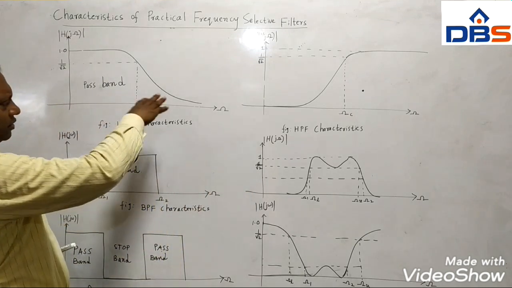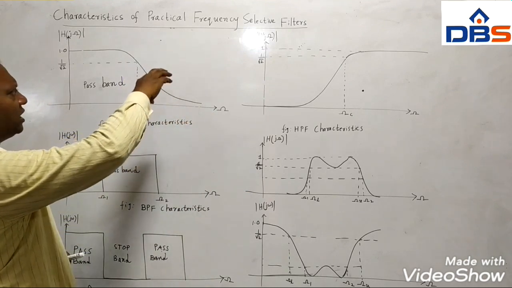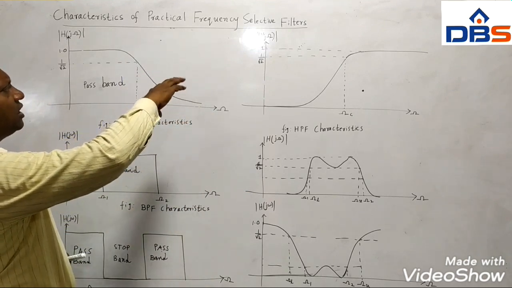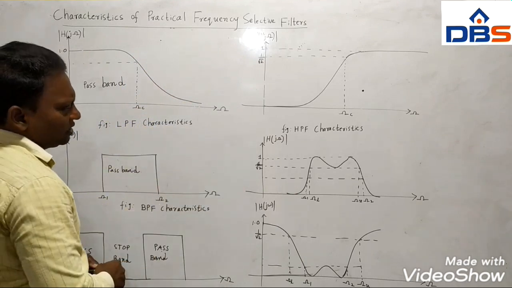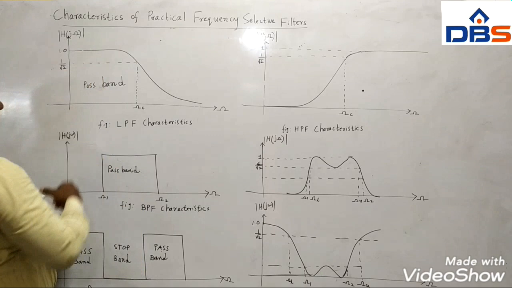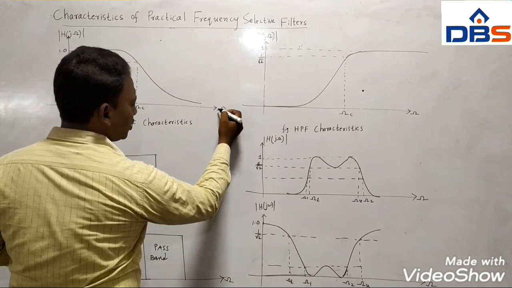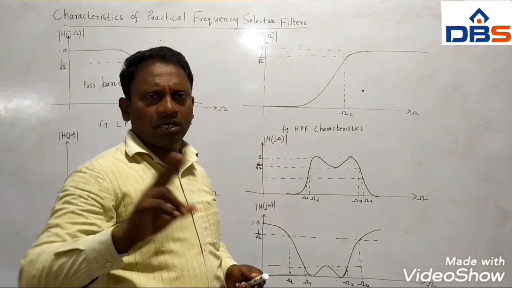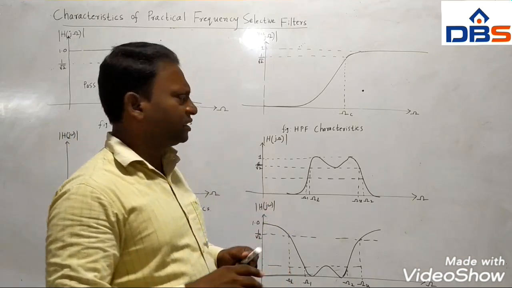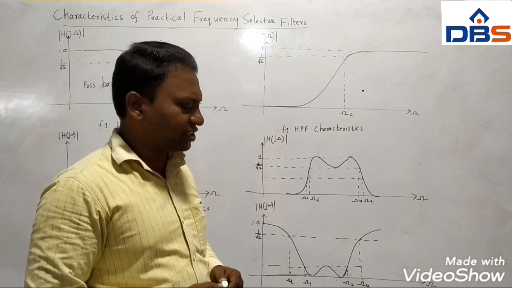Now we will see the practical and ideal characteristics of the different filters, which we are going to see in the coming classes. This omega is used to represent the analog frequency, because we have to use both analog frequency and digital frequency variables here.